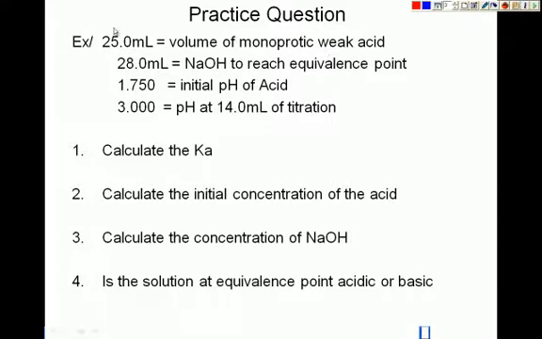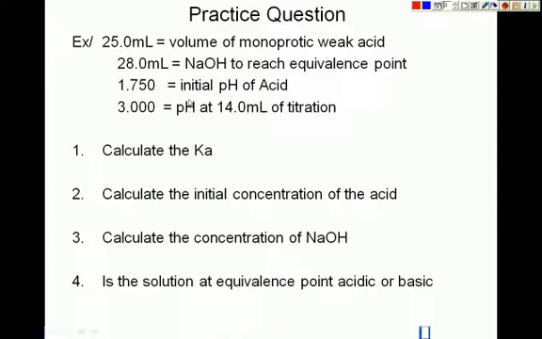You're given 25 milliliters of this. To reach the equivalence point, you needed 28.0 milliliters, the initial pH of the acid is 1.75, and the pH at 14 milliliters is 3.000.